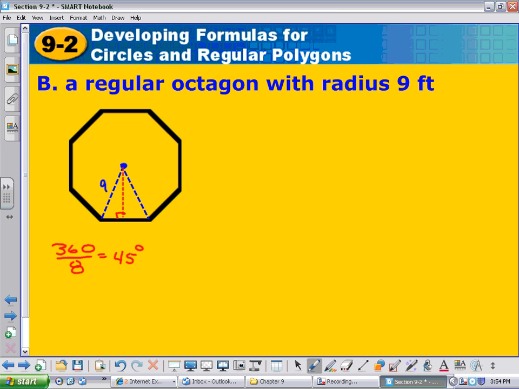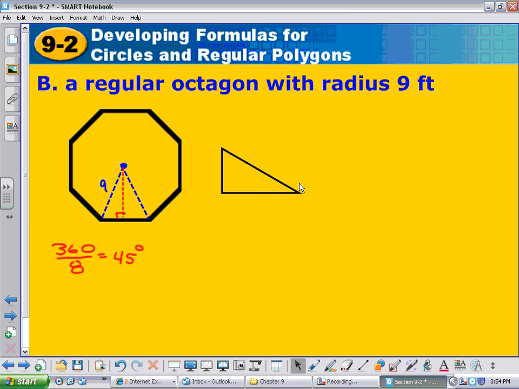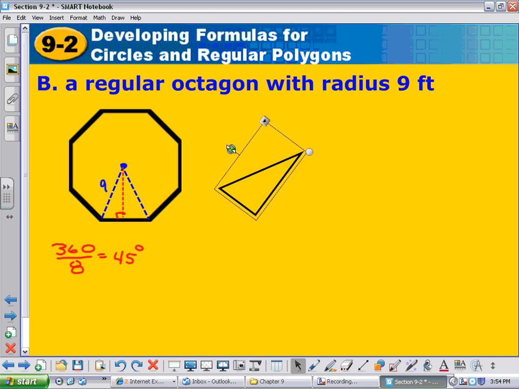Now let's get one of those little right triangles again that will kind of flip up. Okay, got that. Now, what do we have in this? We know in this particular one, we know the hypotenuse is 9.